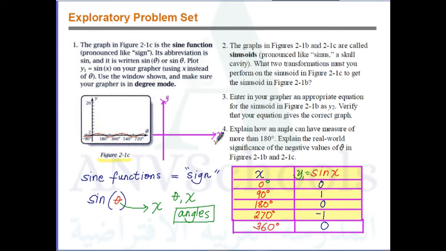Your x values are in terms of angles, so instead of numbers or integers, we're going to write the angular values. This is 90 degrees, this is 180 degrees, this is 270 degrees, this is 360 degrees.